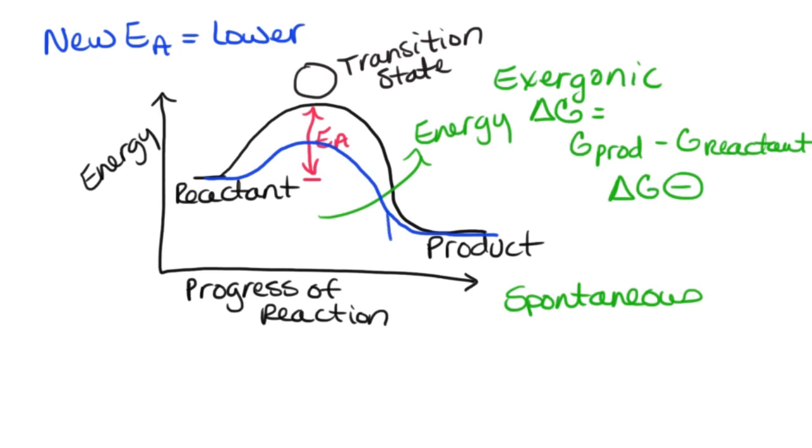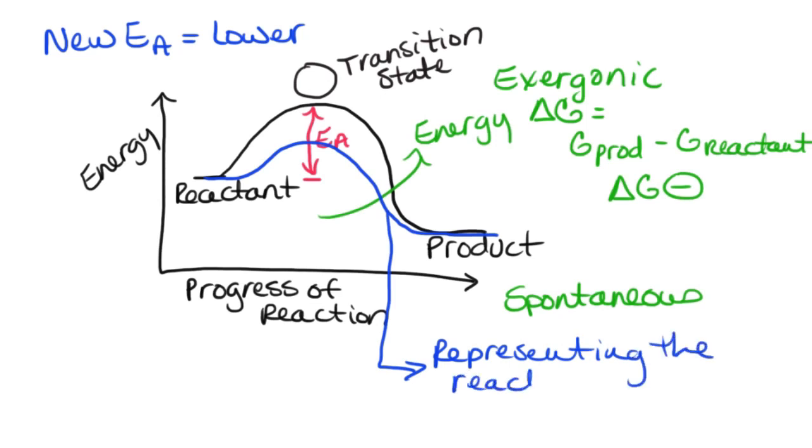So the blue line is representing the reaction, and this is the same reaction with enzyme. When the enzyme is present, we're going to have a lower activation energy, and that means that the overall reaction is going to be faster than what it was previously.